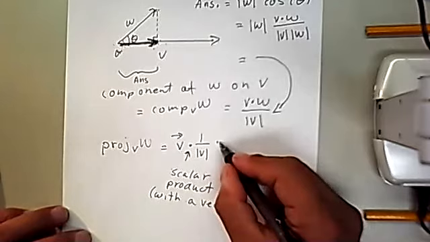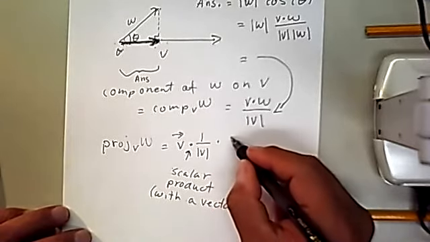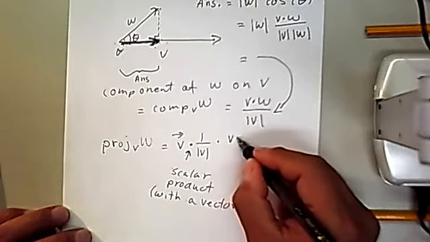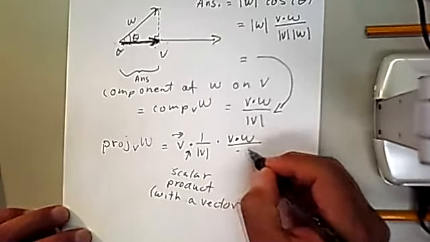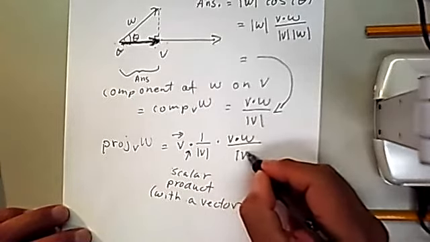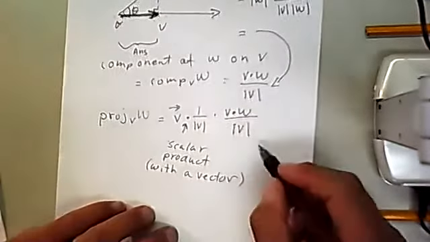And this multiplication is going to be a real number multiplication. We're going to multiply V dotted with W over the magnitude of V. Yeah. So boy, there's a lot of things going on here.